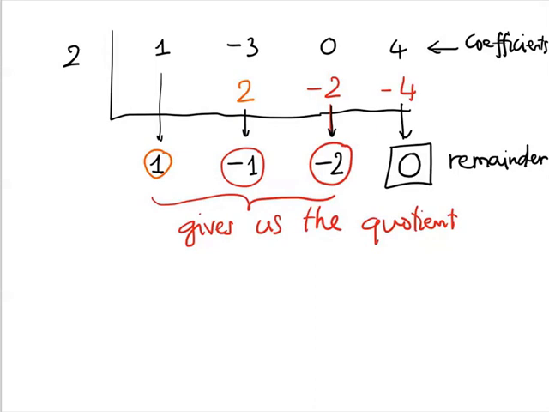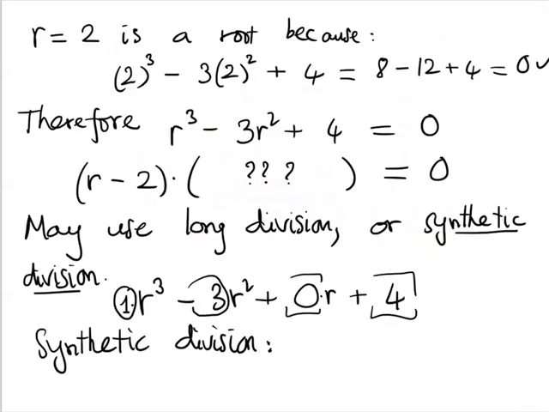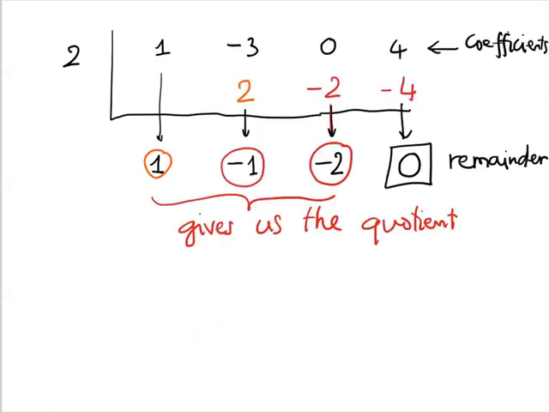Now back here, we begin with r cubed, and we divide by r minus 2. So the quotient begins with r squared, since the quotient is 1 degree less. And using these coefficients, we get the quotient of 1 times r squared minus 1 times r minus 2.